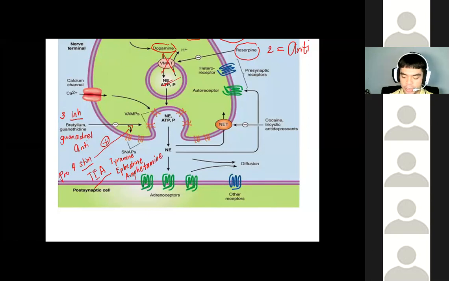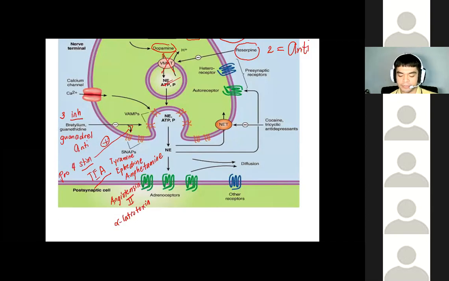Another is angiotensin 2. And finally, we have alpha-latrotoxin. Again, for those agents that can enhance exocytosis, these are tyramine, ephedrine, amphetamine, angiotensin 2, and alpha-latrotoxin. These are pro-sympathetic agents. Overall, these are the drugs that can alter exocytosis. We have those inhibitors and those stimulators.